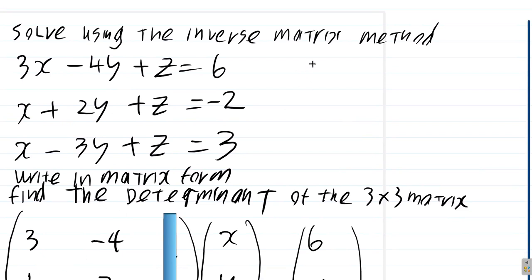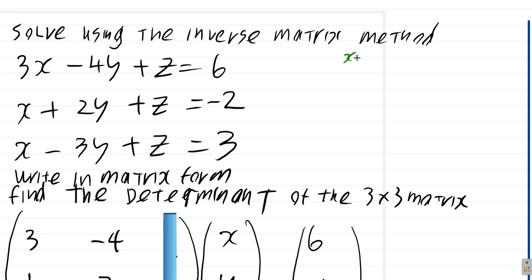We're testing equation 1 first, to see if this works out to 6. 3 ones is 3, minus 4 by negative 1, that's plus 4, plus negative 1. 3 and 4, 7, minus 1 is 6. Okay, it works for equation 1.